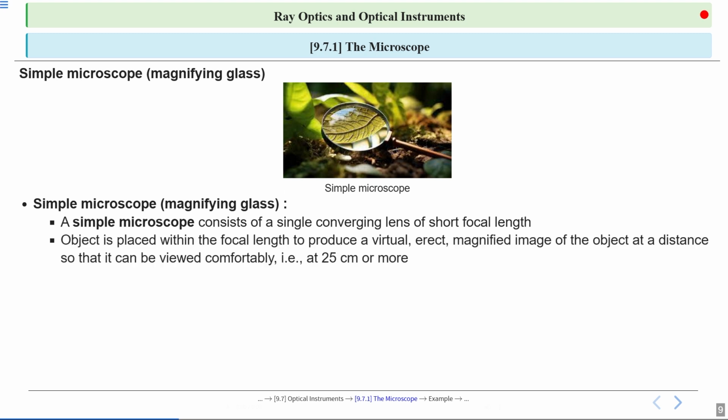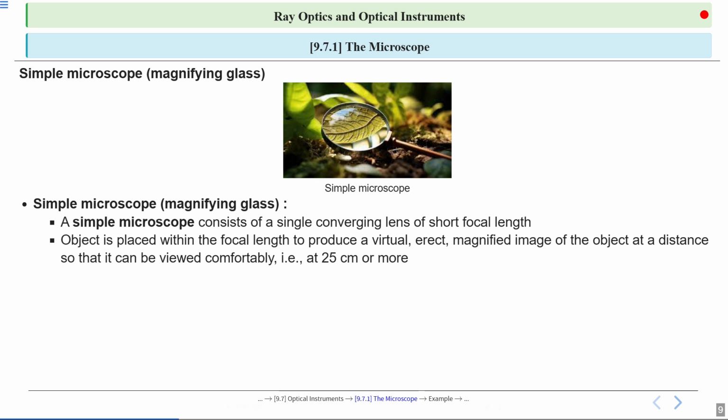So when using a simple microscope, the object is placed within the focal length of the lens. This positioning creates a virtual, erect and magnified image, allowing us to view the object comfortably at a distance of 25 centimeter or more. This is crucial for reducing eye strain during prolonged observation. So we have to produce a magnified, erect and virtual image.